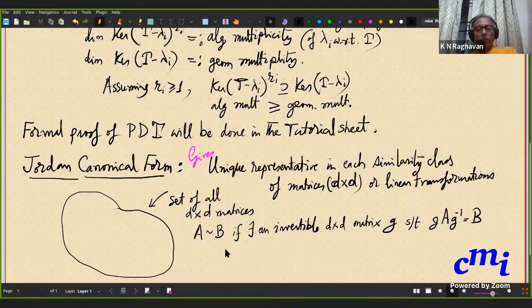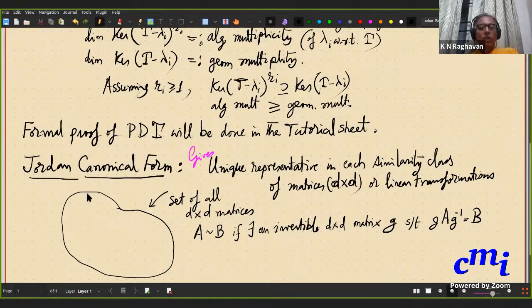Okay. So this is an equivalence relation. A is equivalent to itself; if A is equivalent to B, then B is equivalent to A; and if A is equivalent to B and B is equivalent to C, then A is equivalent to C. And on any set, if you have an equivalence relation, the equivalence classes form a partition, right?